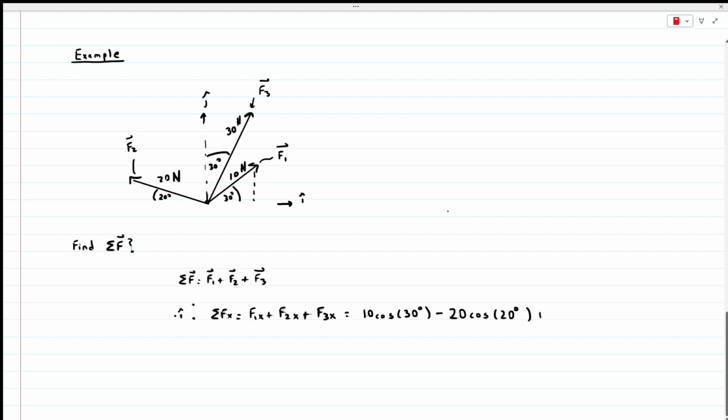And lastly, we have plus 30 sine of 30 degrees. That comes out to be 4.866 newtons.